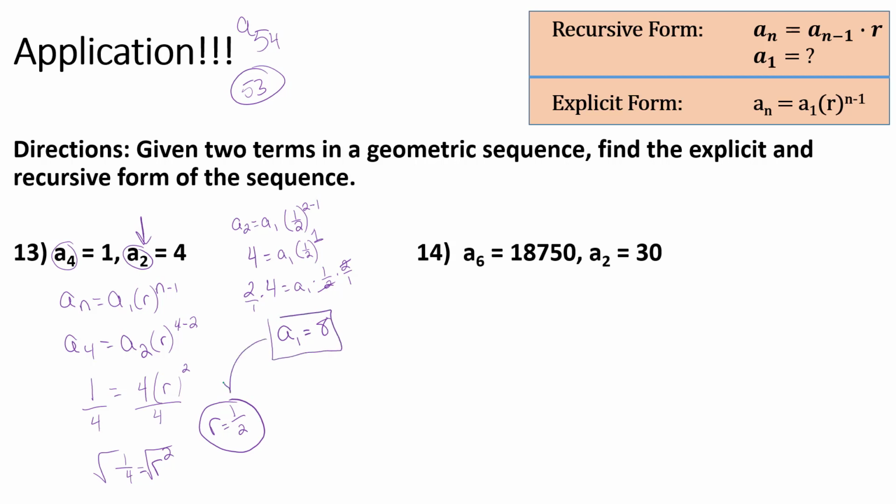Now we know a sub 1 and we know the rate. We can find the explicit and recursive formulas. All right, explicit form is going to be a sub n is equal to 8 times 1/2 to the n minus 1 power.